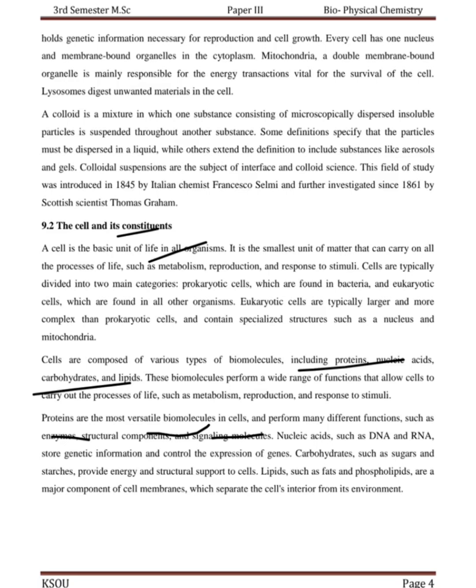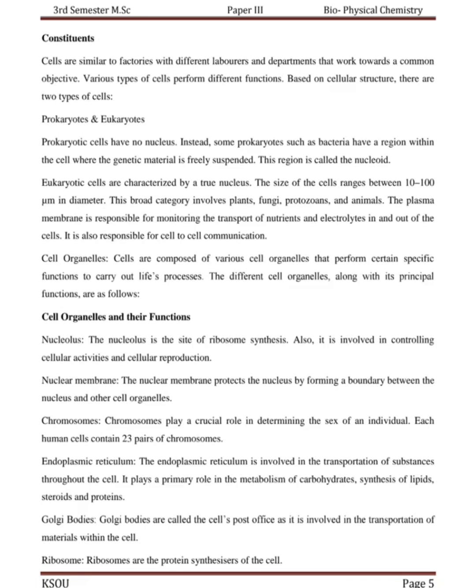What are the constituents present in the cell? Cells are prokaryotic and eukaryotic. Prokaryotic cells have no nucleus, and some prokaryotes such as bacteria have a cell wall, and eukaryotic cells are characterized by a true nucleus. The size of a cell ranges between 10 to 100 micrometers in diameter.